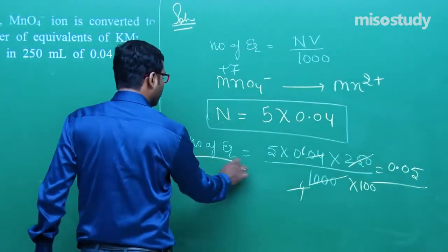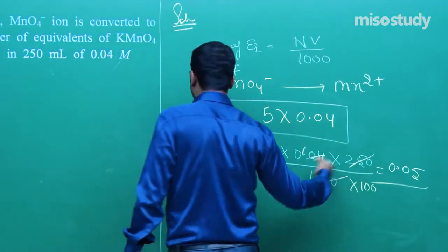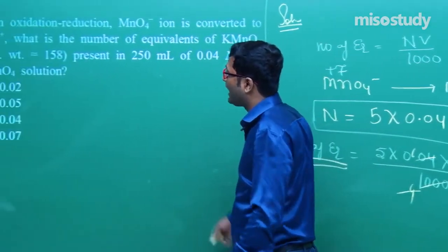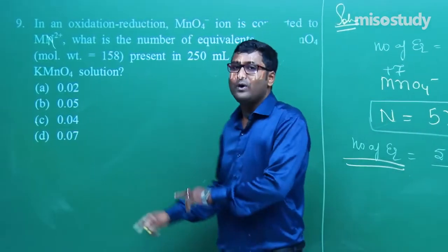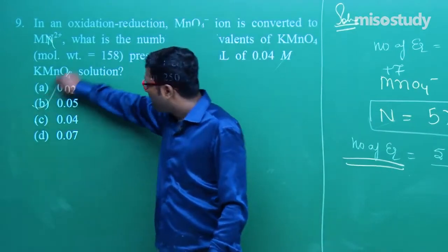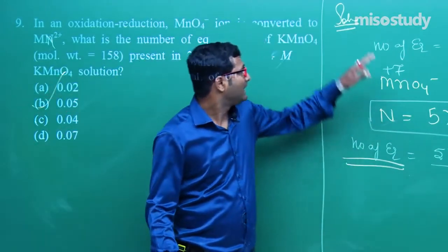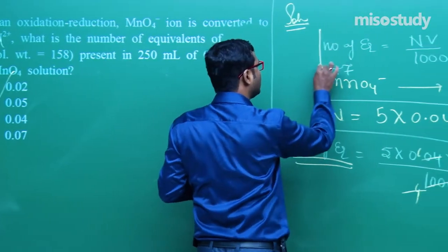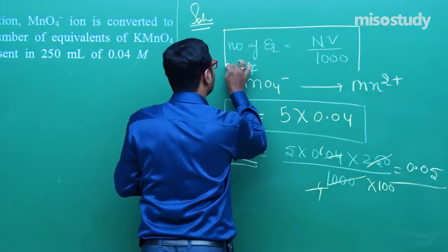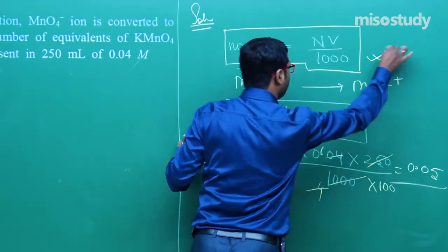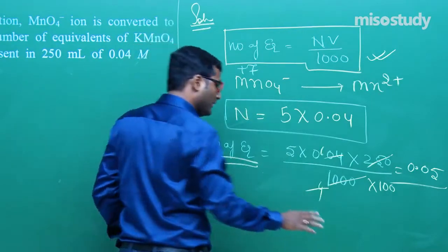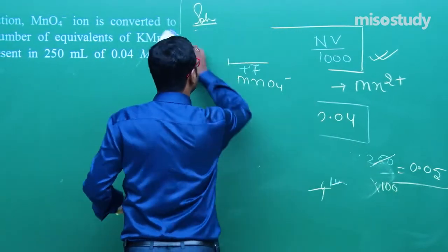So for this question, the number of equivalents is equal to 0.05. So for question number 9, we can easily predict that B is the correct option. This is the formula: number of equivalents equals N into V upon 1000. Clear? I am going to rub this part and we'll discuss the next question.